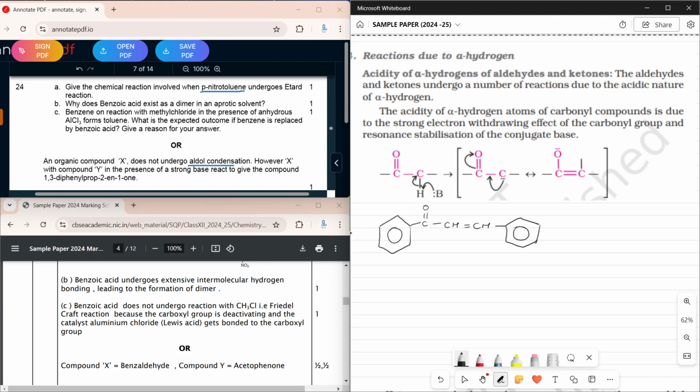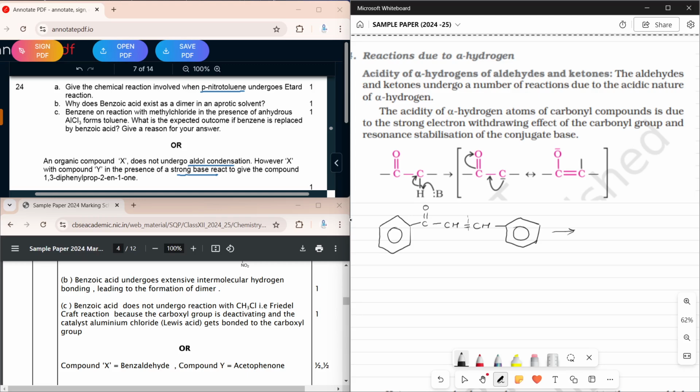Okay, now here, essentially you have X with compound Y reacting in the presence of a strong base to give this compound. So this is essentially the cross aldol condensation. Now, if X is not undergoing aldol condensation, it means it does not have an alpha hydrogen. That is one very important thing we are learning from this. So X does not have the alpha hydrogen, whereas Y has the alpha hydrogen. Because of that, it's able to undergo cross aldol condensation. So by just drawing a straight line, you have a breakage of this particular bond.